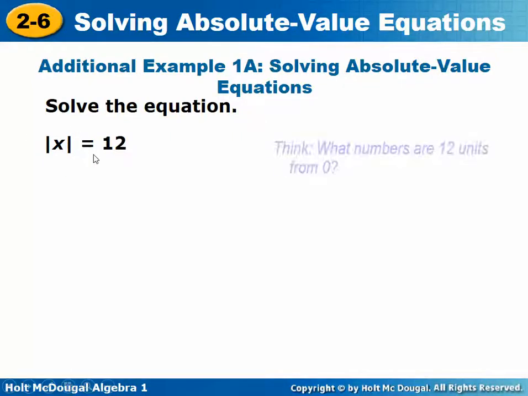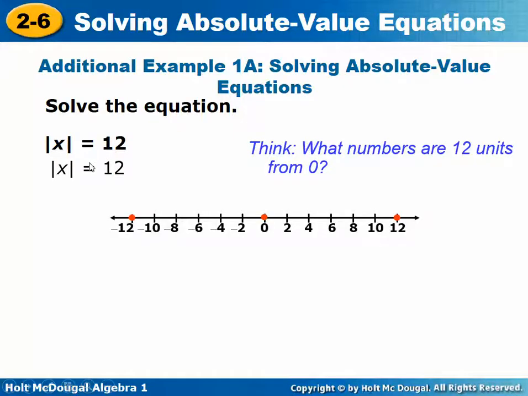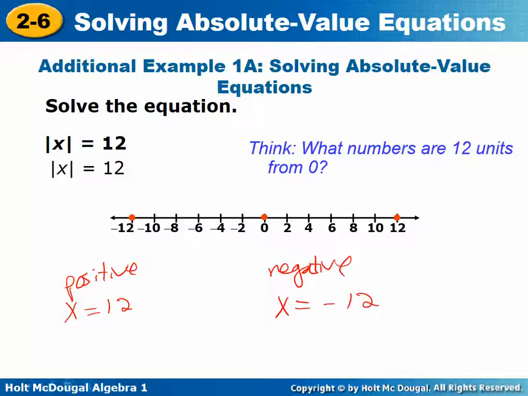The second step is to write our two cases. And our two cases is when we take away the absolute value signs and we write x equals 12. That's the positive case, that it's equal to the positive of that value. And the negative case is when whatever's inside the absolute value would be equal to the opposite of whatever's on the right side.